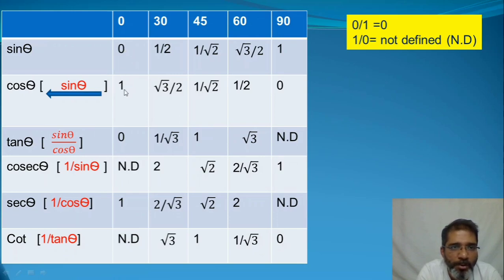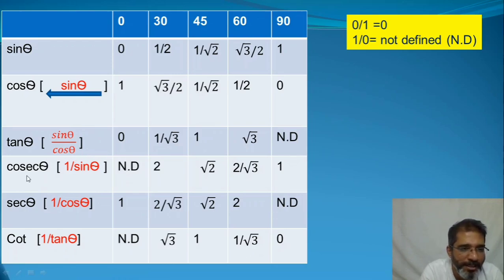So 0 upon 1 is 0, 2 and 2 will cancel, 1 upon root 3 is 1 upon root 3, root 2 will cancel, 1 upon 1 is 1, 2 and 2 will cancel, root 3 upon 1 is simply root 3, 1 upon 0 is not defined. Now see, I've written over here 1 upon 0 is not defined. So for getting the values of tan, we simply find the ratio of sine and cos. We don't learn the values.